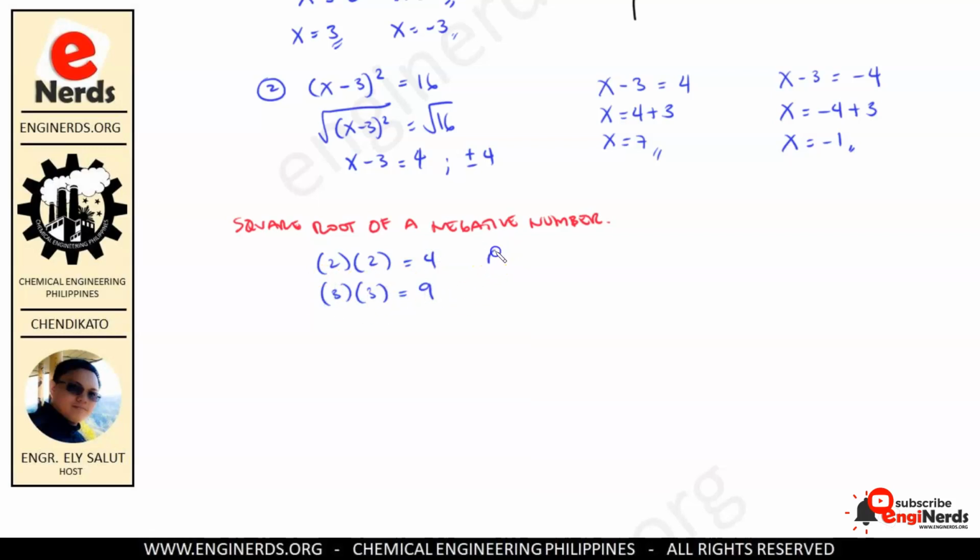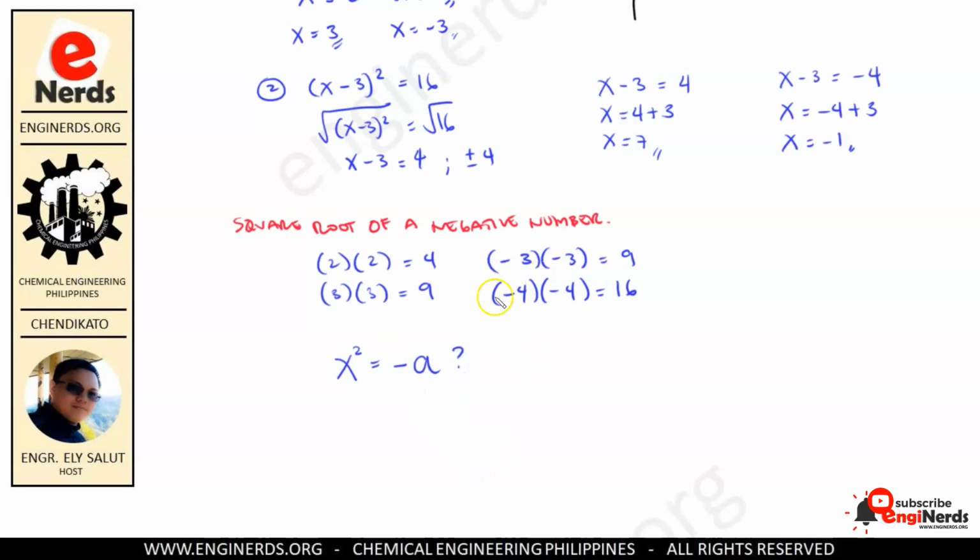Then if you have negative 3 times negative 3, this is also equal to 9. Negative 4 times negative 4 is equal to positive 16. Now, having this example, is it possible to square any number and you will have an answer of negative?